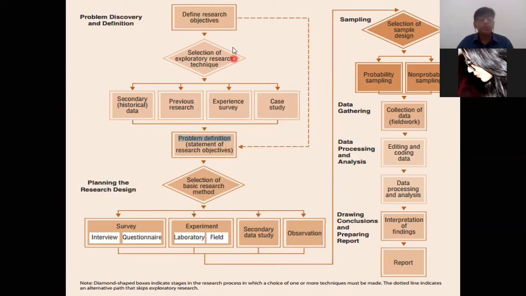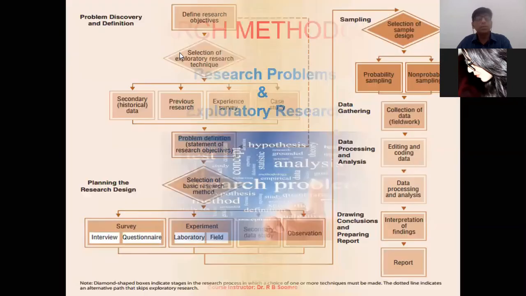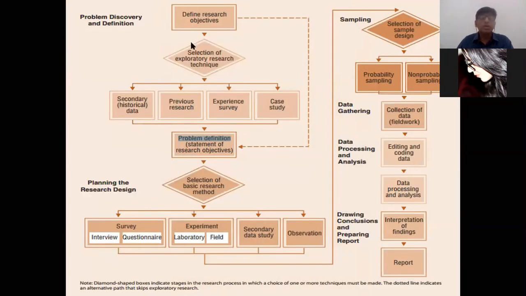If your objective is defined, defining the research objective, then we go to the secondary data or previous studies. I think we discussed these in the last class, and then there are the experiments and the different methods. So this is the overall structure of any research paper. When you are going to write a research paper, this is the procedure which you have to follow.